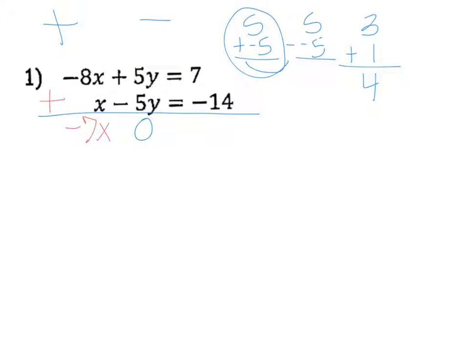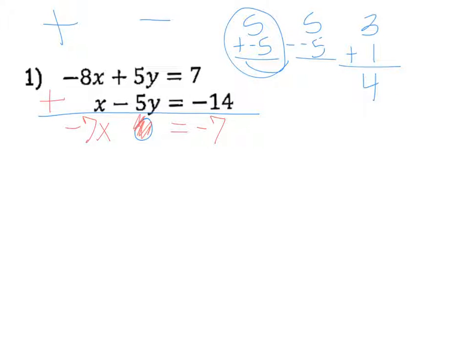So please don't even put a 0, just leave it blank. The equal sign just drops down. What is 7 plus -14?